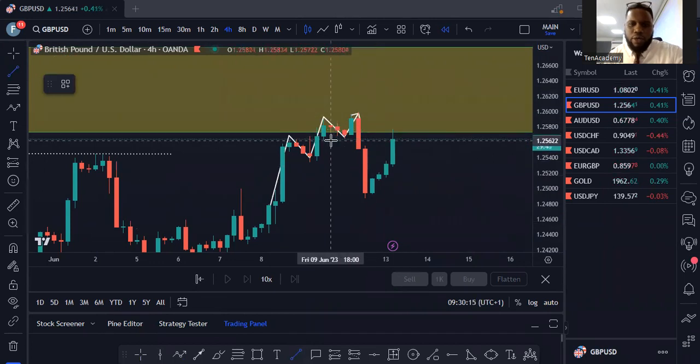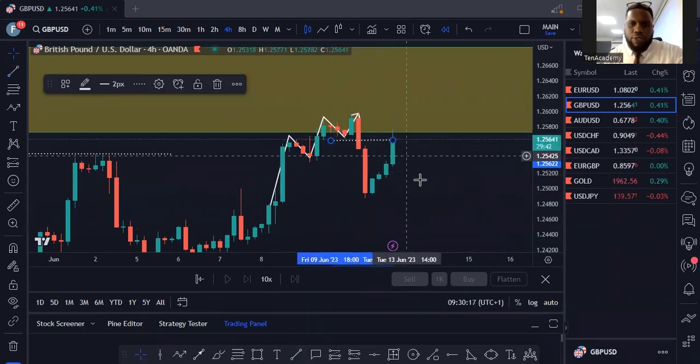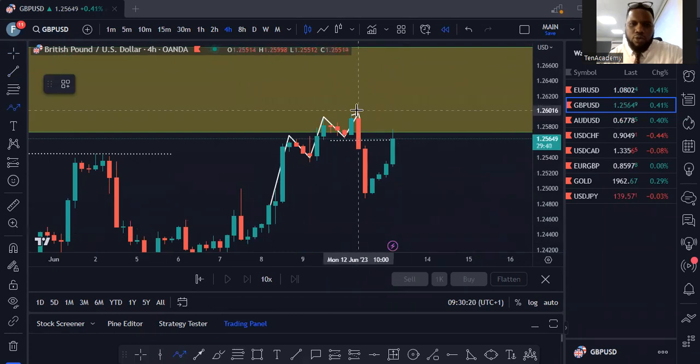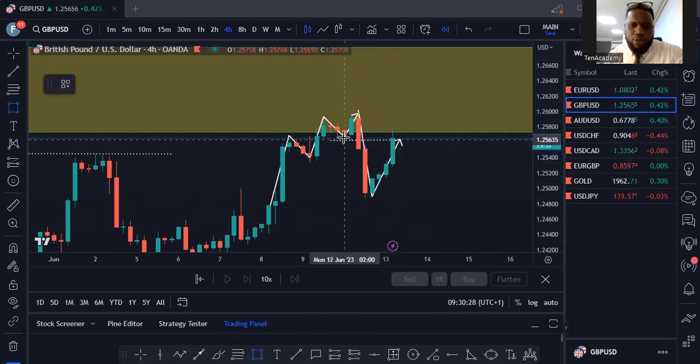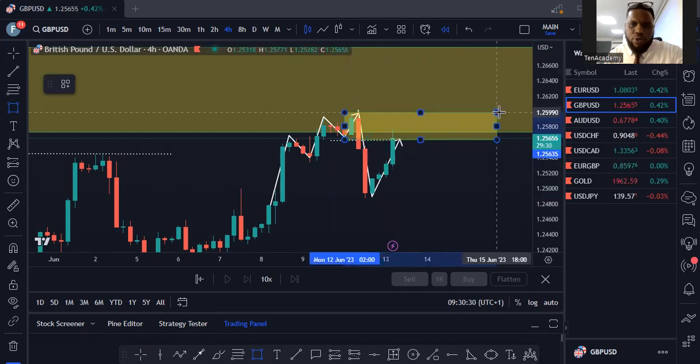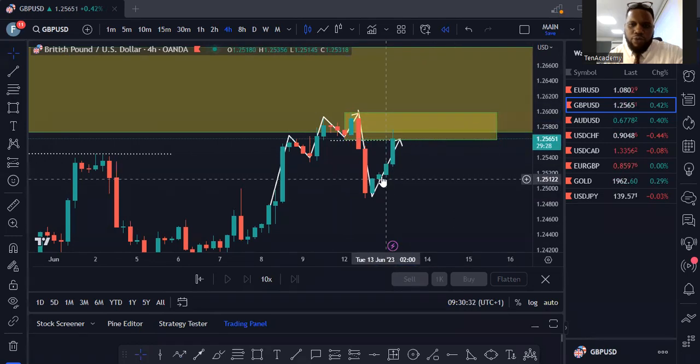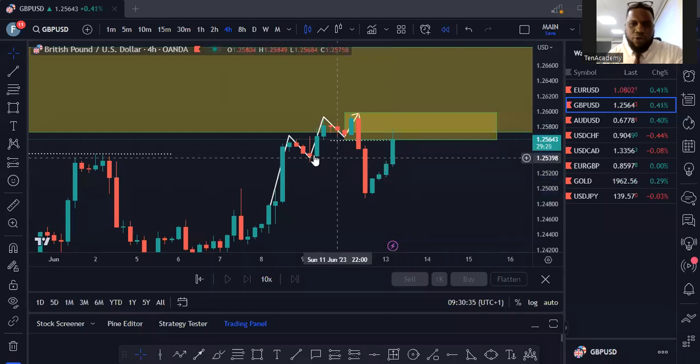Inside this supply, this is the higher low being taken out. So what is price doing? Price has broken this higher low, and we should see a retracement into this particular supply. So in this supply is where you want to be looking for possible selling opportunities right now.